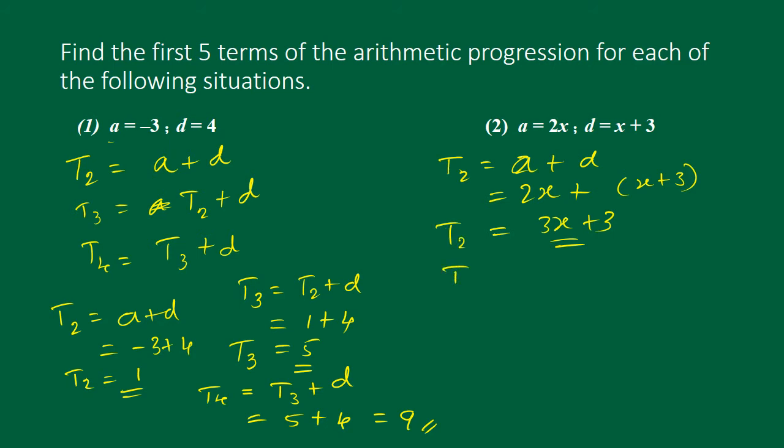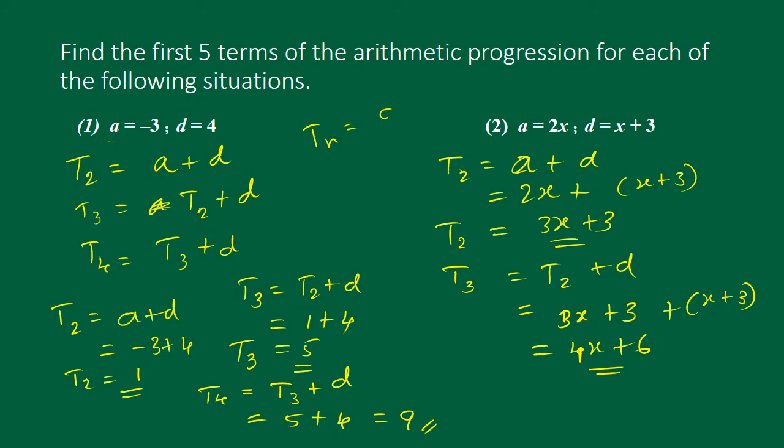Then t3 is t2 plus d, that means 3x plus 3 plus x plus 3, that means 4x plus 6. The same way you can find out the first 5 terms. I didn't use tn equals a plus n minus 1 d, because we just have to find the first 5 terms, right? So you can easily get these first 5 terms.